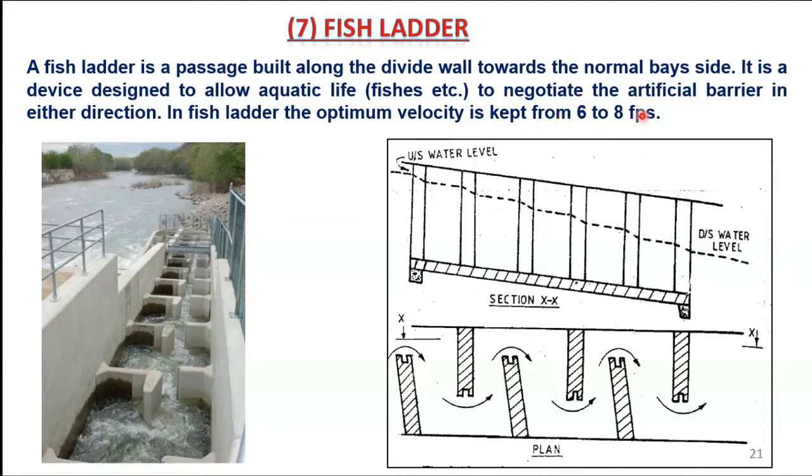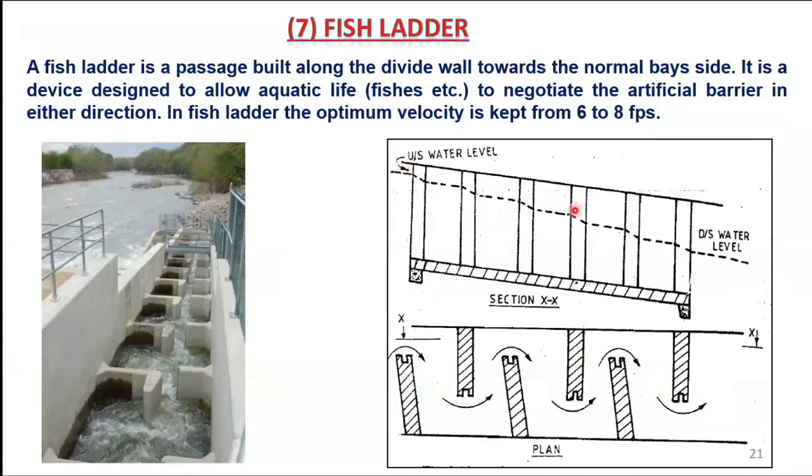The velocities of flow inside the fish ladder are kept from 6 to 8 feet per second. And this is the picture of the fish ladder. Here is the plan and the section of the fish ladder. In the plan, you can see these are baffle walls, and the water moves from upstream to downstream.